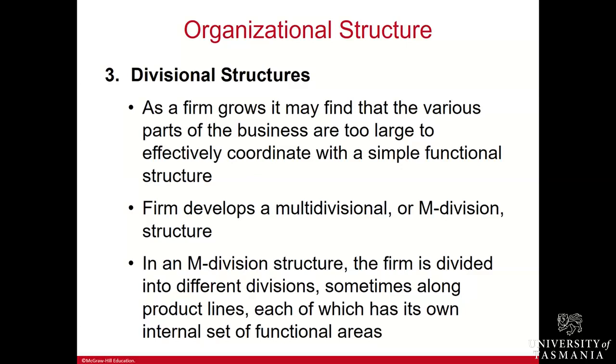Divisional structures are a little bit more complex than functional structures, because in divisional structures, the company can allocate their decision-making mechanism to every unit. We can say in different product lines or different geographical units.